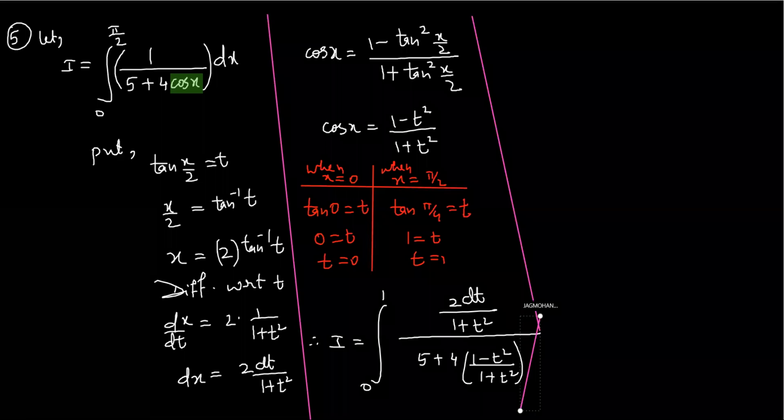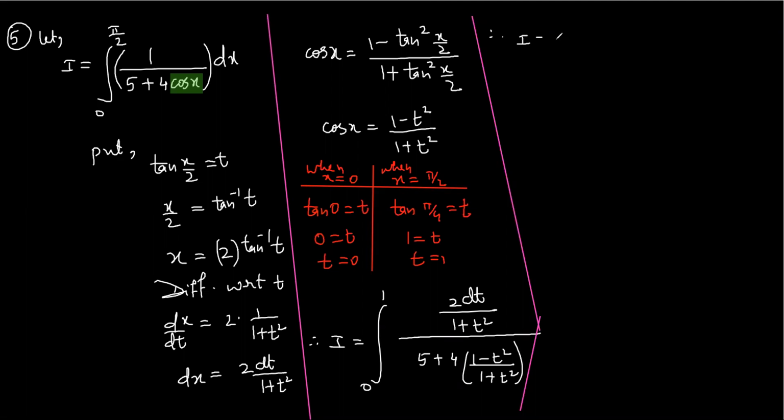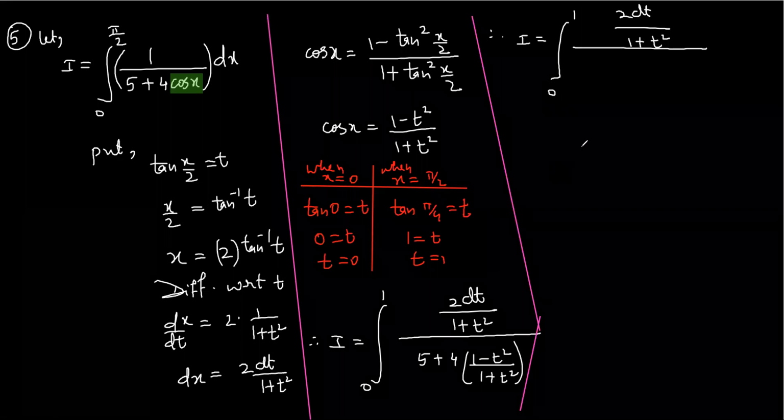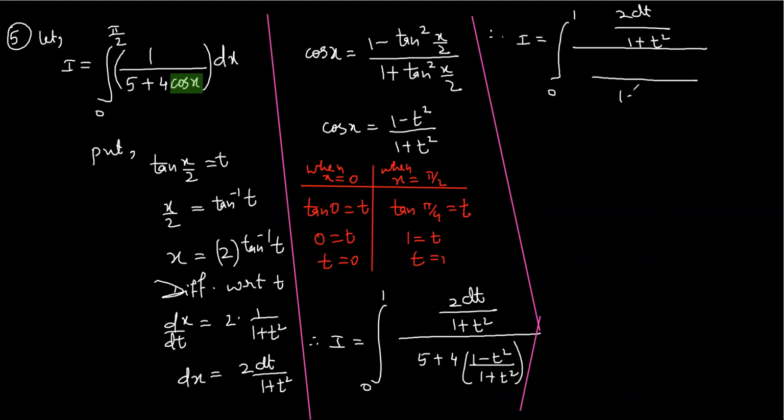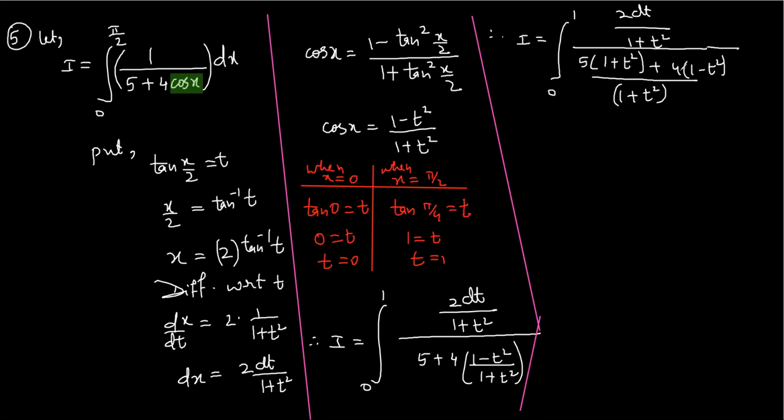Therefore I equals the integral from 0 to 1 of 2 dt upon 1 plus t square, and here the LCM is 1 plus t square. You have 5 into 1 plus t square plus 4 times 1 minus t square.